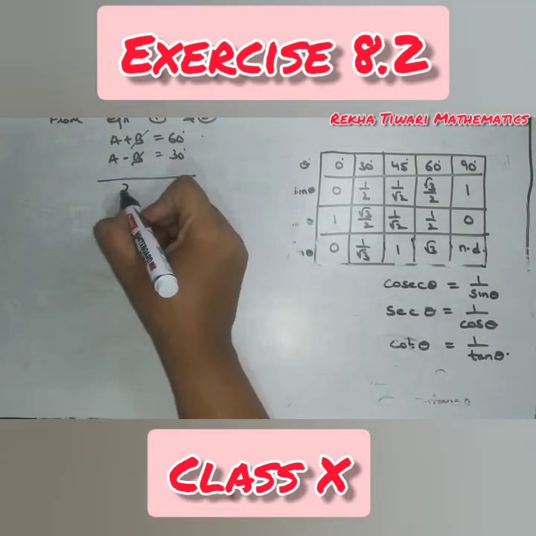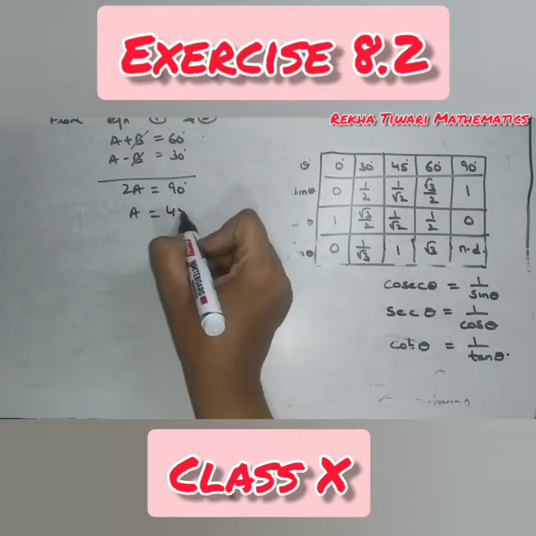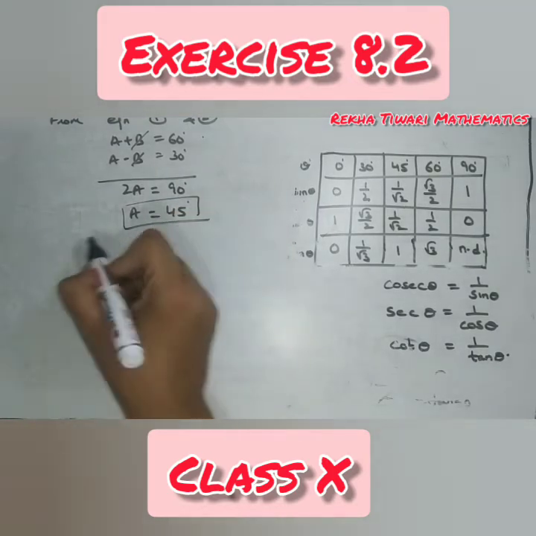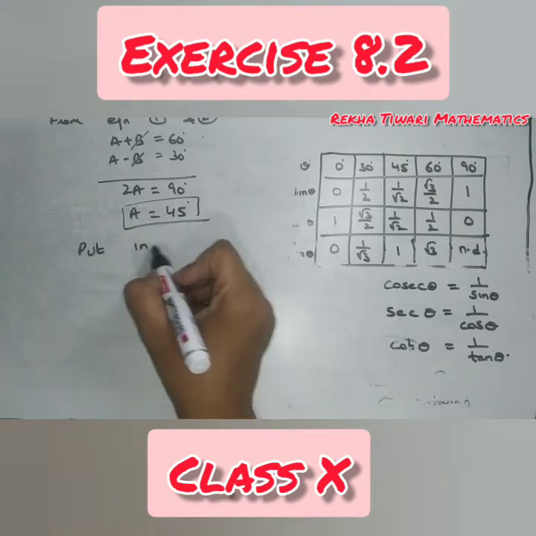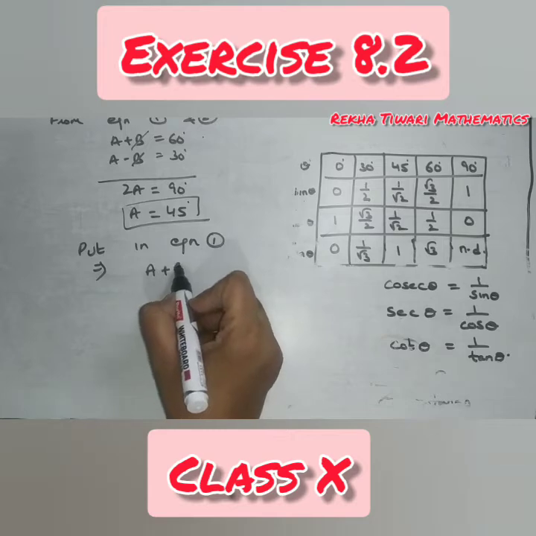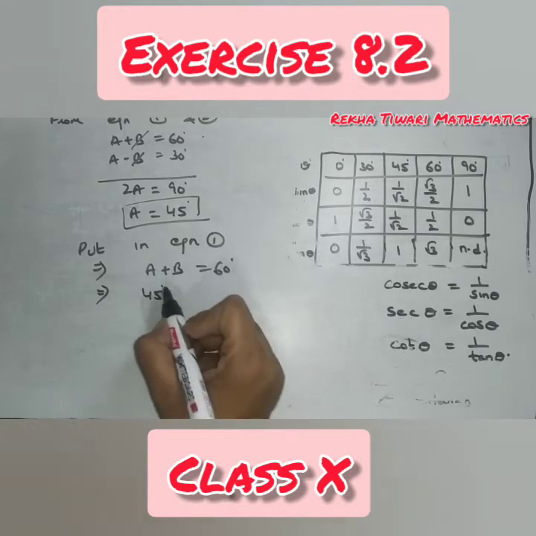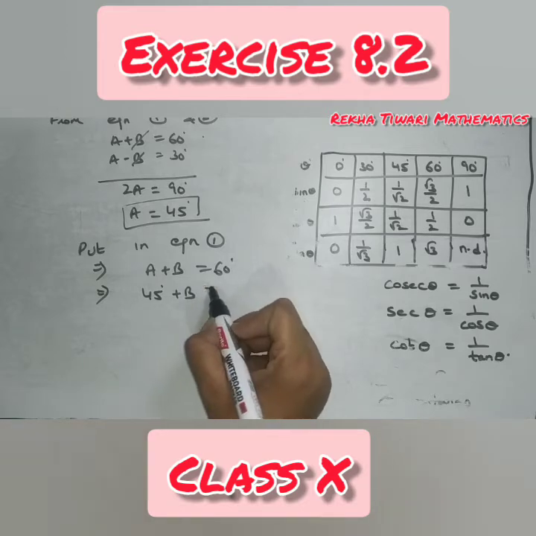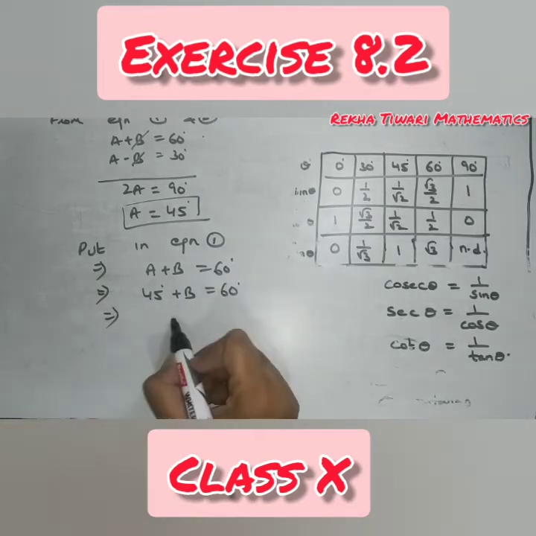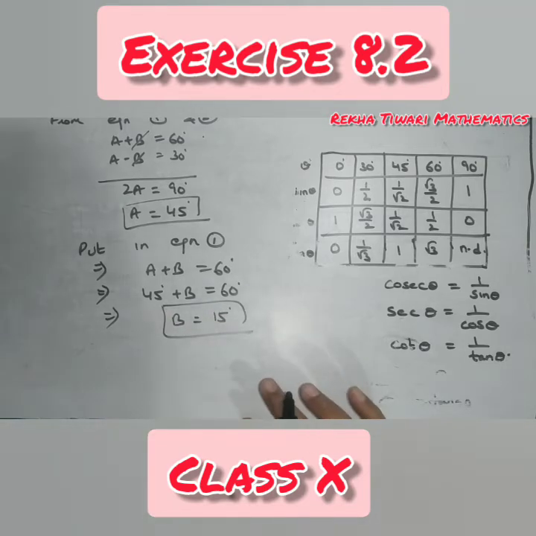Add these two, b cancels. 2a equal to 90 degree, a is equal to 45 degree. Put in equation 1, which implies a plus b is equal to 60 degree. So 45 degree plus b is equal to 60 degree. This implies b is equal to 15 degree. Hence you will get the values of a and b.